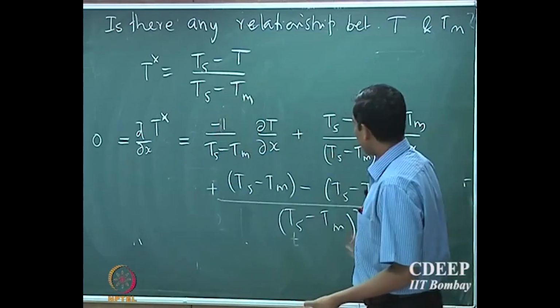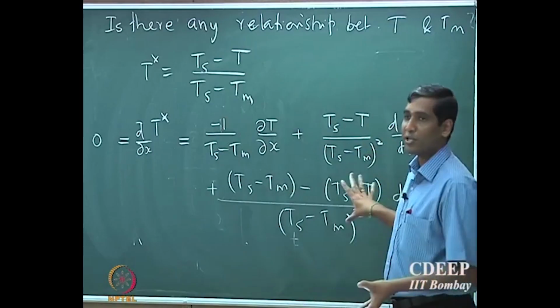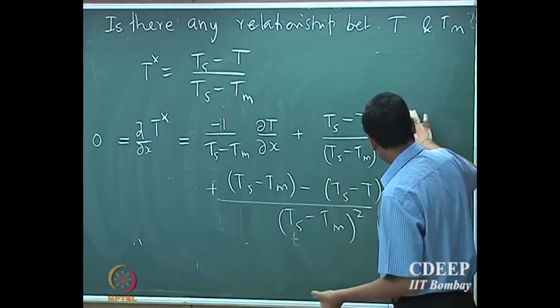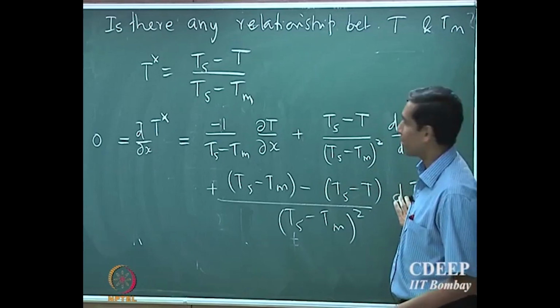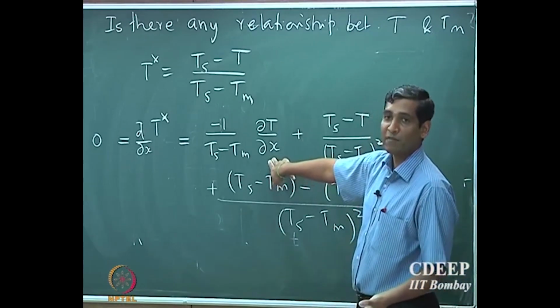This gives you an expression which relates the gradient of the cup mixing temperature and the gradient of the surface temperature with respect to the gradient of the local temperature.